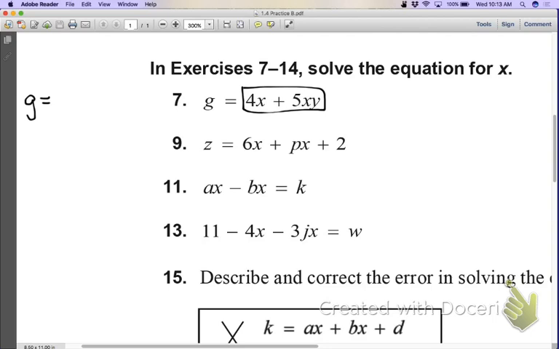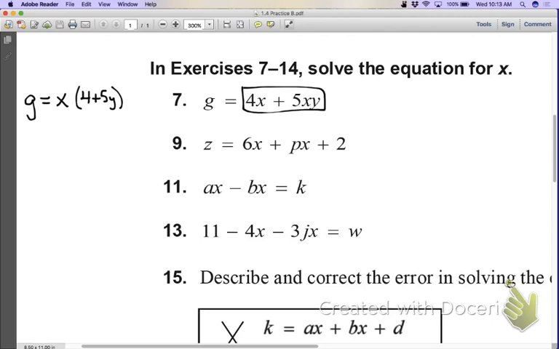So we can go x times 4 plus 5y. We took a regular addition problem and turned it into a multiplication, because all we did was factor out the x. Now, we're not done here.